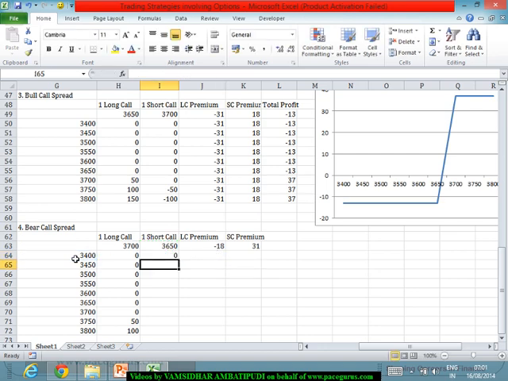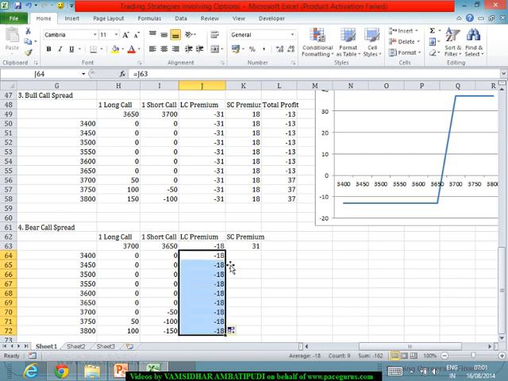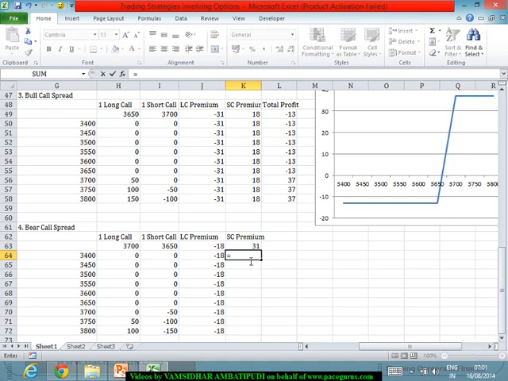So going with that kind of a concept, the short call positions are going to be something like this. The premiums wise, there is not much of a change, the long call premium and the short call premium. Out of this, I can very well compute the total profit in all these situations.